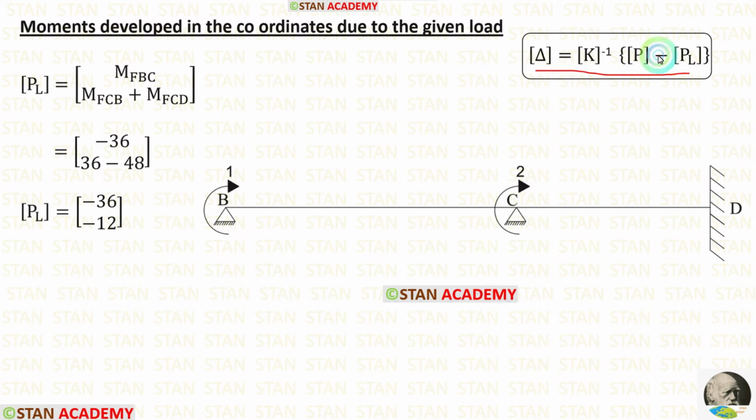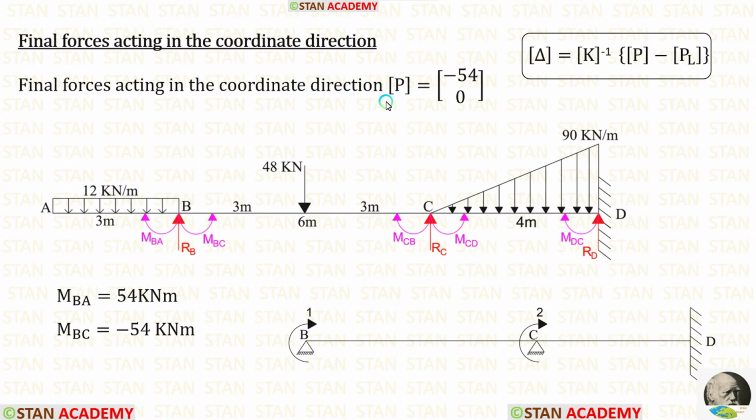In this formula, now let us calculate the P matrix. The P matrix is the final forces or moments acting in the coordinate direction. The P matrix should be calculated in the order, first from the first coordinate, then from the second coordinate. In the first coordinate B, we have calculated two final moments, MBA and MBC.